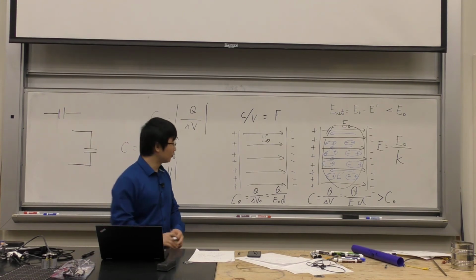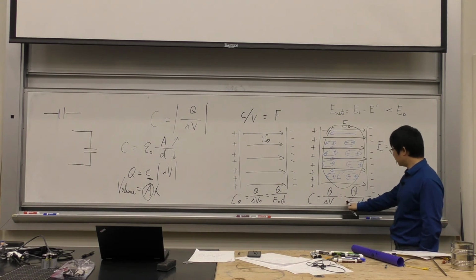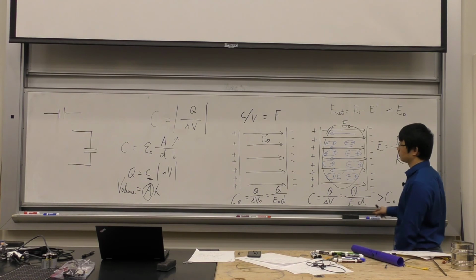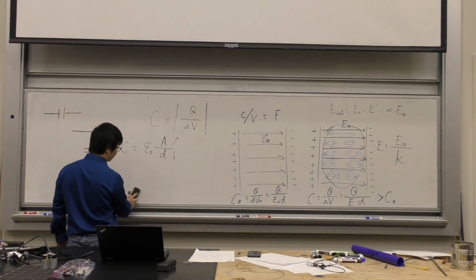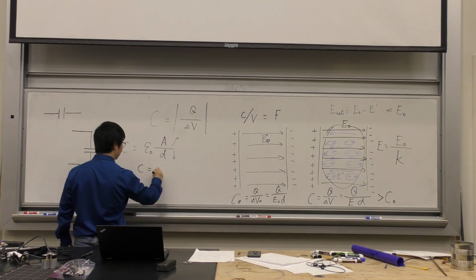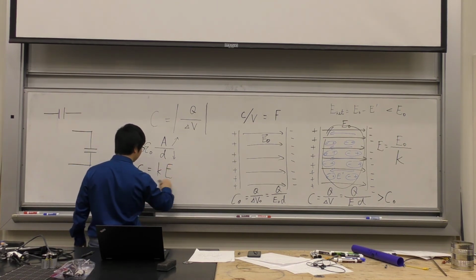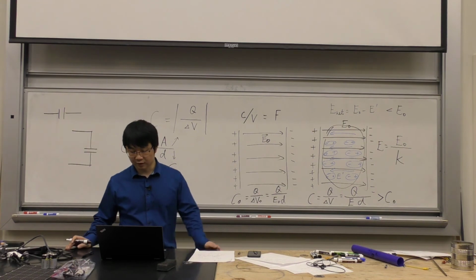And then of course, if you have this C naught divided by K here, then it's just going to increase the C naught by a factor of K, right? So by putting dielectrics between these two plates, you actually get this C increased by a factor of K. So this K is the dielectric constant, okay?